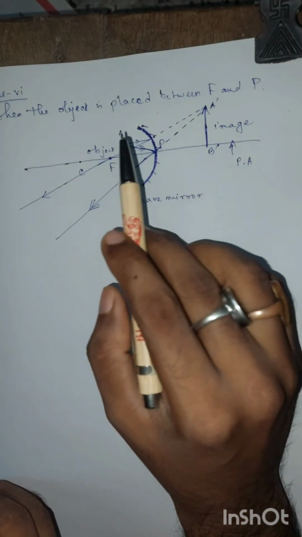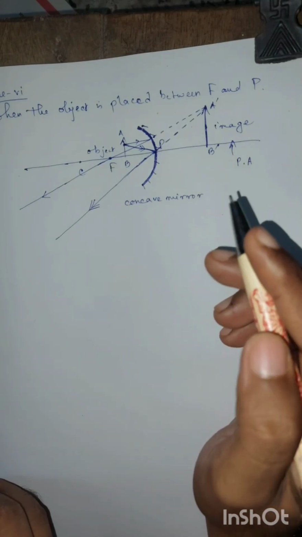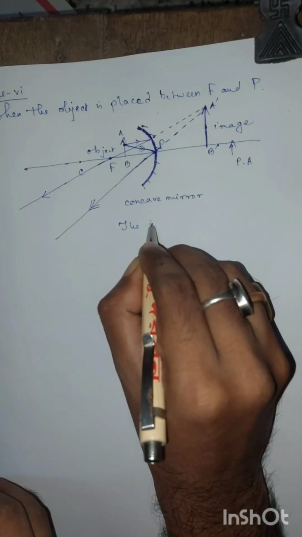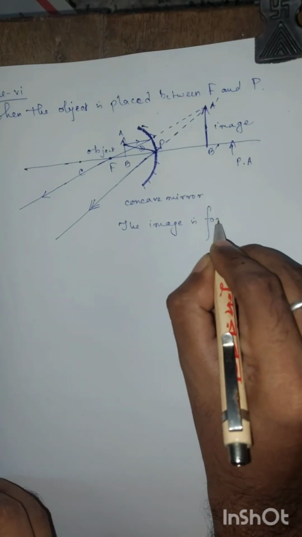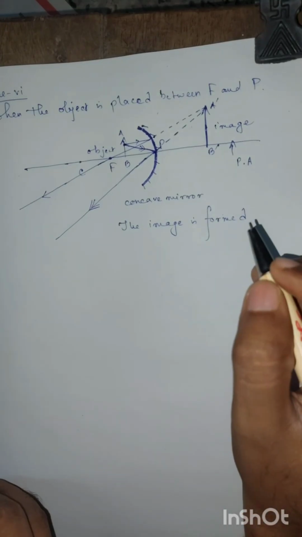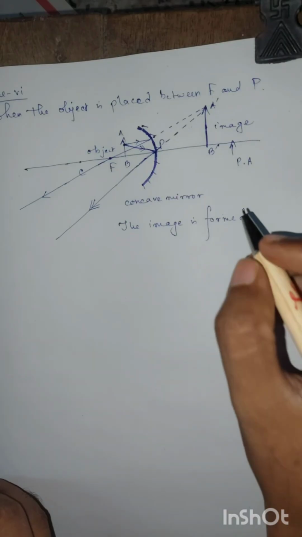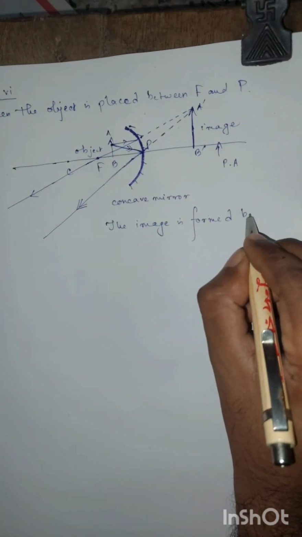So when the object is placed between F and P, the image is formed behind the mirror.